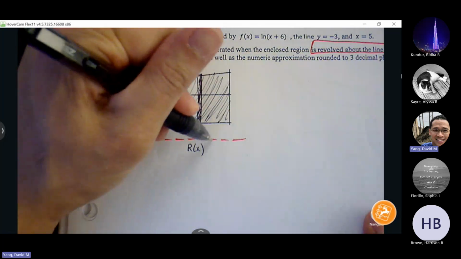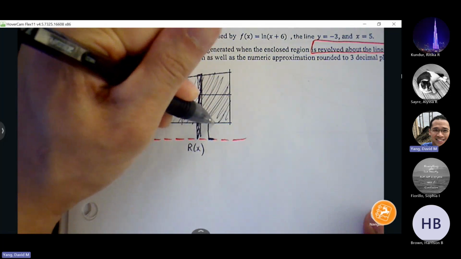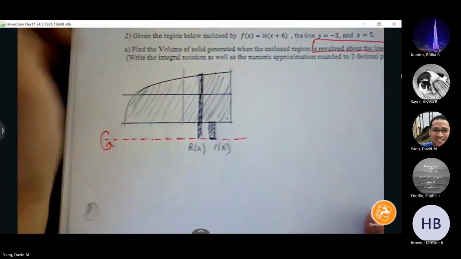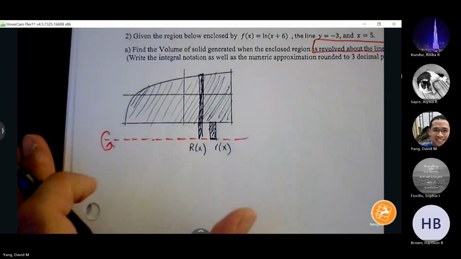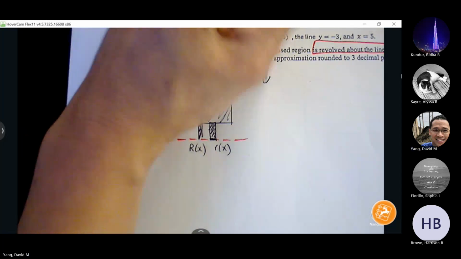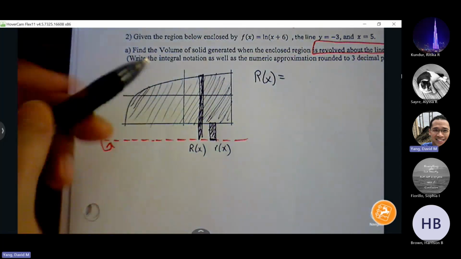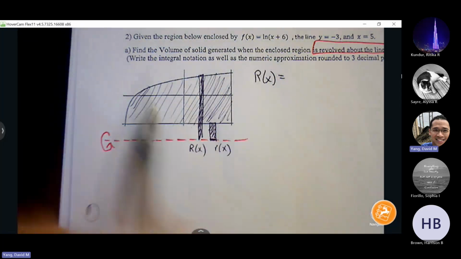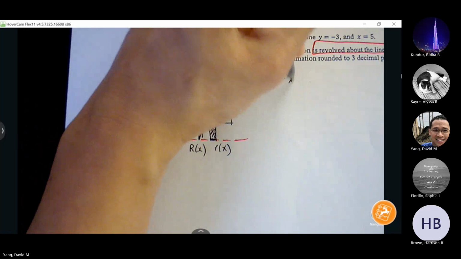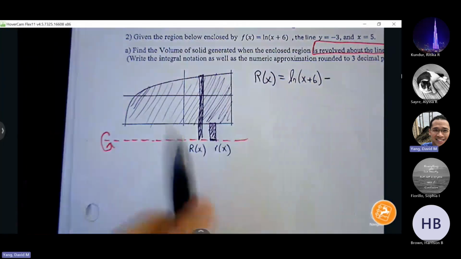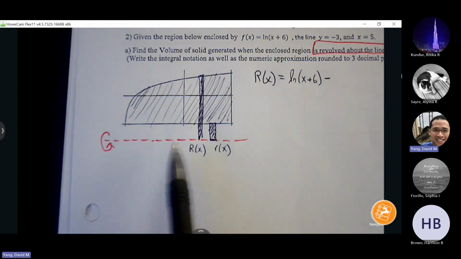Okay. From the axis, extend to the closer boundary. That's going to be your little r. Okay. Build big R and little r. Big R, top of big radius, is sitting on the curve, the natural log of x plus 6, minus the bottom of big radius, which is sitting on the dotted line.